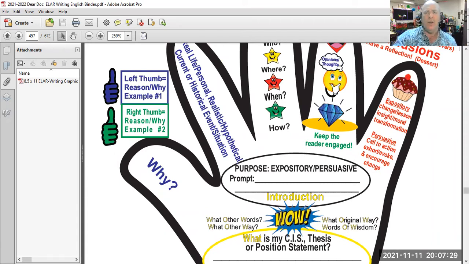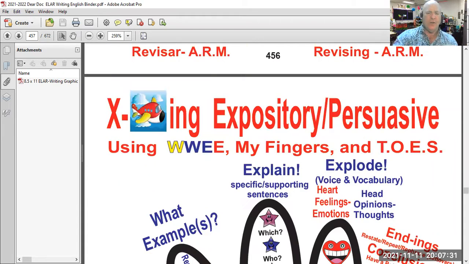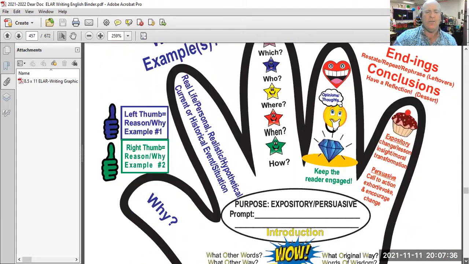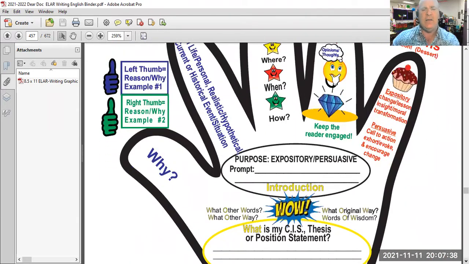If you got a 1, then a 0-1 paper would be you saying, I'm going to give you my idea and possibly some reasons or examples. That would be like a 0-1.